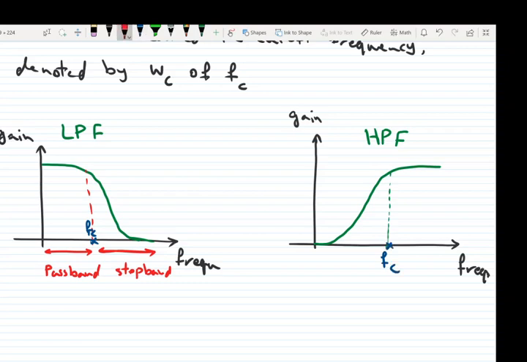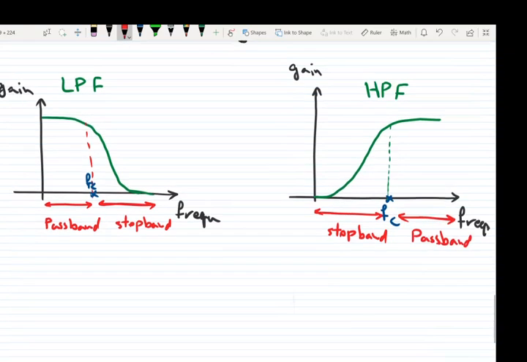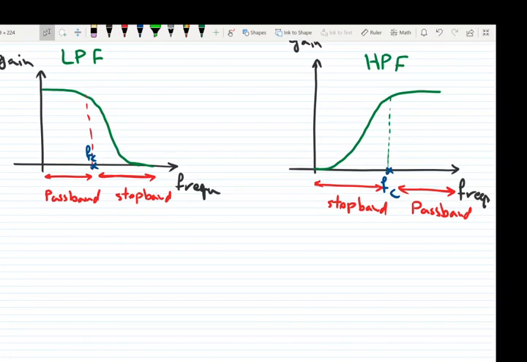So here frequencies less than cutoff frequency are called stop band, and frequencies greater than cutoff frequency are called passband.